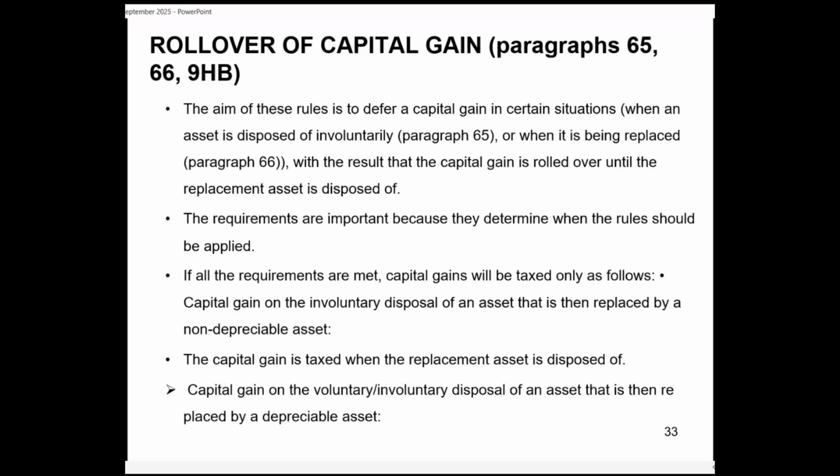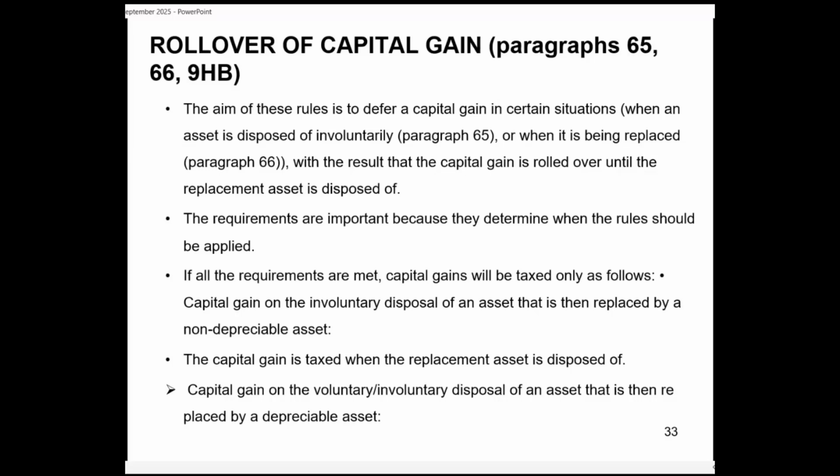The requirements are important because they determine when the rules should be applied. You must know the requirements for you to apply the rules correctly. If all the requirements are met, the capital gain will be taxed as follows.